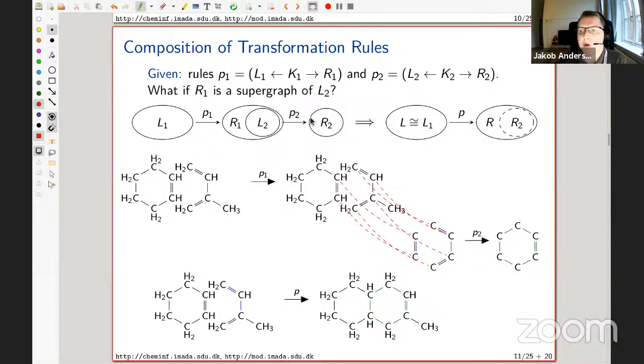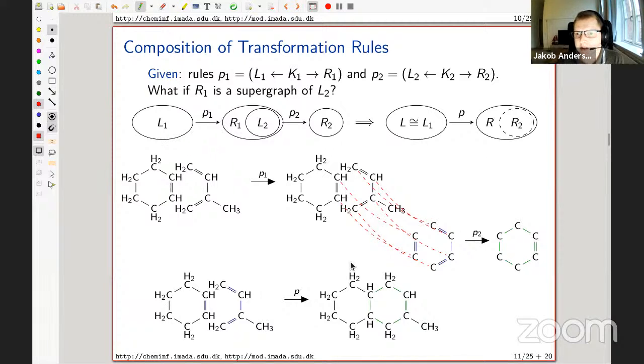Then we should be able to compose these rules and get a new overall rule. This is quite natural in chemistry. You can have a pathway that is multiple steps, and we would like to compose it into one big step. Here is an example where we have this embedding of the complete left-hand side, and we get a resulting rule.